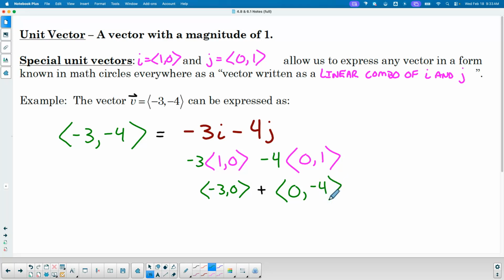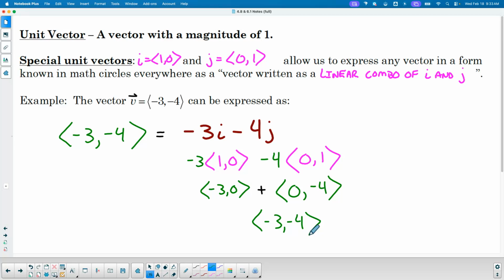And if I add vectors, what do I do with their horizontal components? Add them. What do I do with their vertical components? Add them. So then this becomes -3, -4. Super easy.